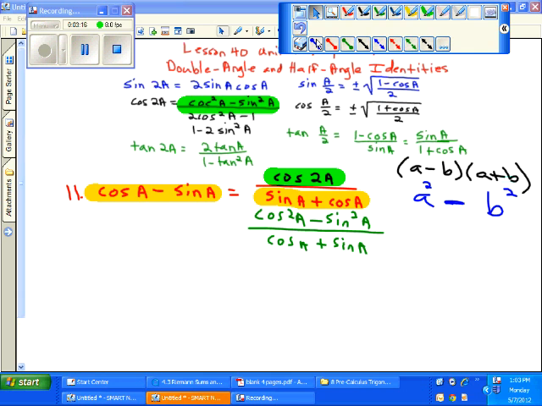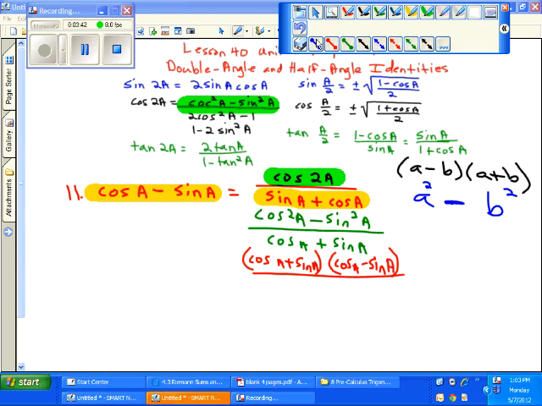We know that the new numerator, cosine square a minus sine square a, must have come from the binomial conjugates cosine a plus sine a, cosine a minus sine a.